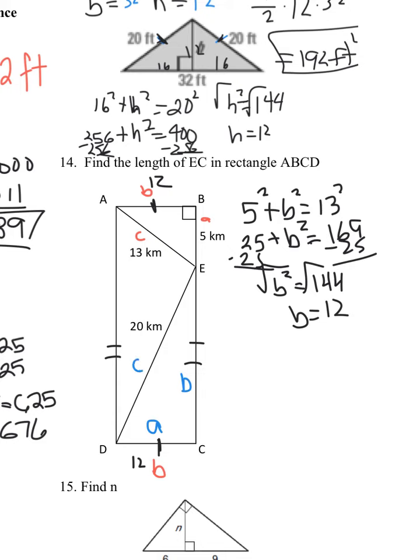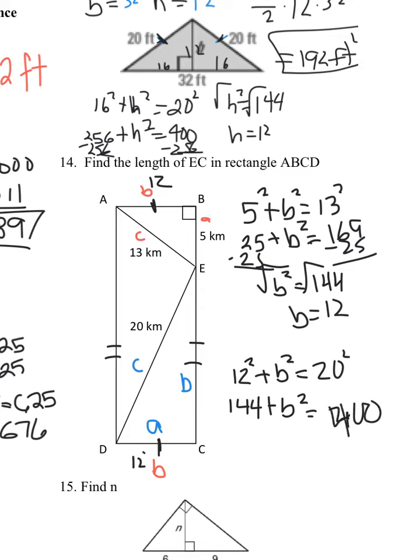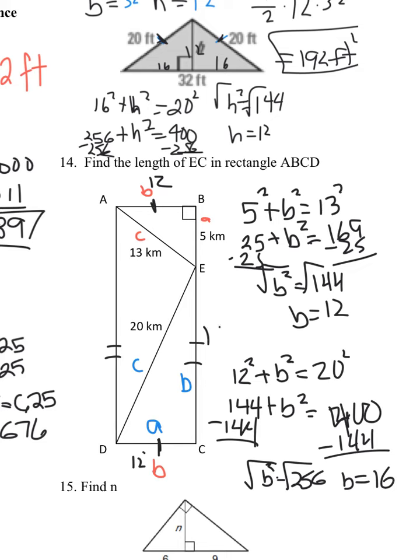And so now I have 12 squared, because it matches AB, plus B squared equals 20 squared, the C. 144 plus B squared equals 400. Minus the 144, you get 256. Square root, and it equals 16, and that's the length of EC.